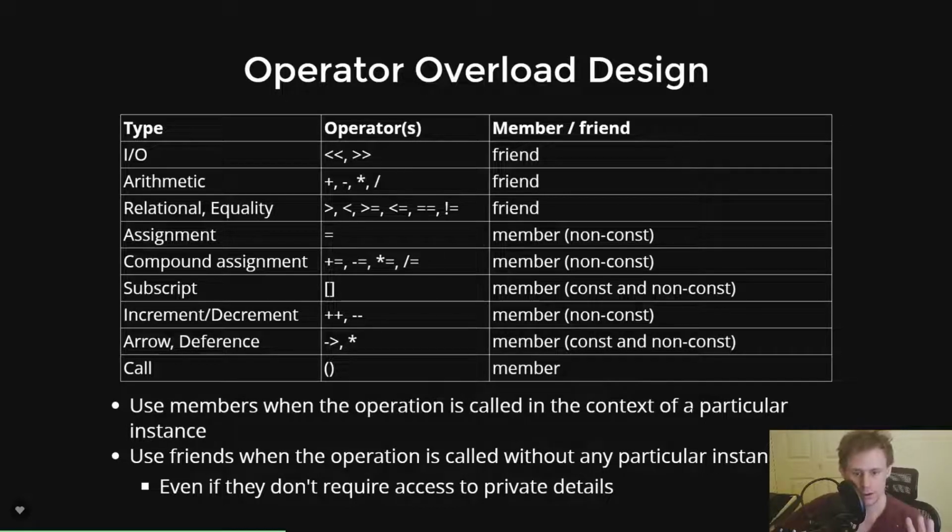Okay, in terms of operator overload design, here are a handful of operators you can overload. Now, this column in the middle of the operators, you've got input output stream, plus, minus, times, divide, greater than, less than, all of these ones, the relational and equality operators, you've got assignment, compound assignment, subscript, increment, decrement, arrow, dereference, call, and suddenly types start to make sense, right?